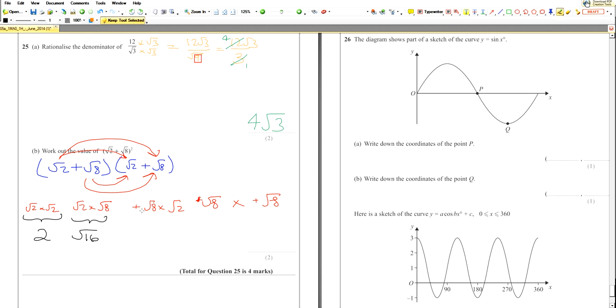Root 8 times by root 2 gives you again plus root 16. Here we should also have written a plus, because the sign of plus root 2 times by plus root 8 gives you plus root 16. Now plus root 8 times by plus root 8 gives you plus root 64.